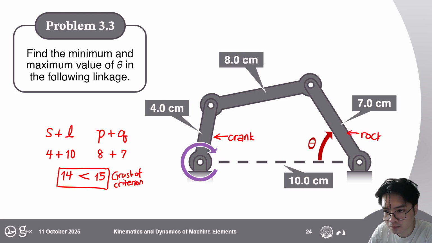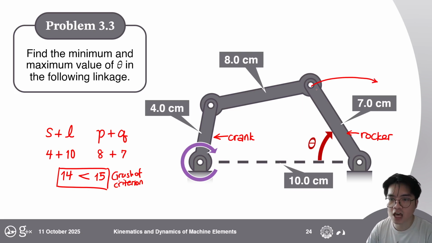So this is now a crank rocker linkage. That means at the very least we are able to think that this is going to only rock from a certain point up to another point. So that is the kind of thing that we want to get from this problem. It's going to rock from left to right, and we need to find the leftmost and the rightmost configuration.